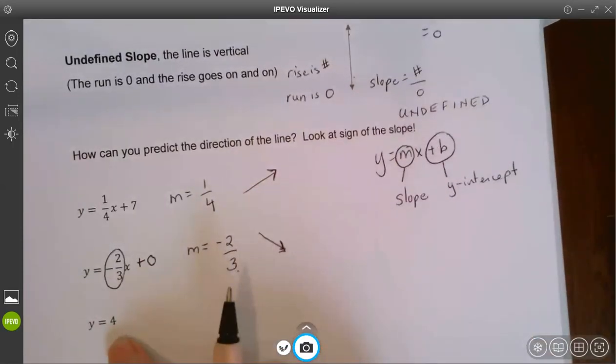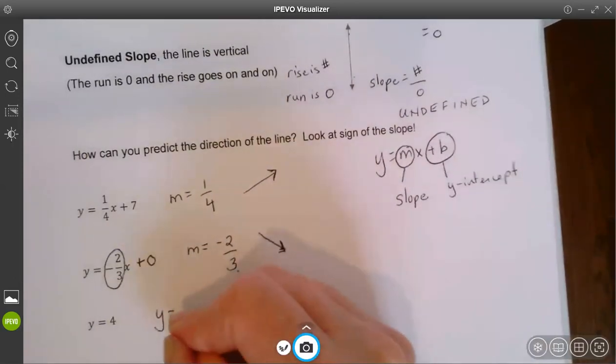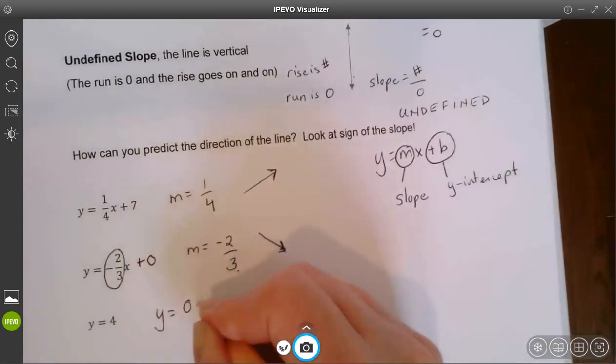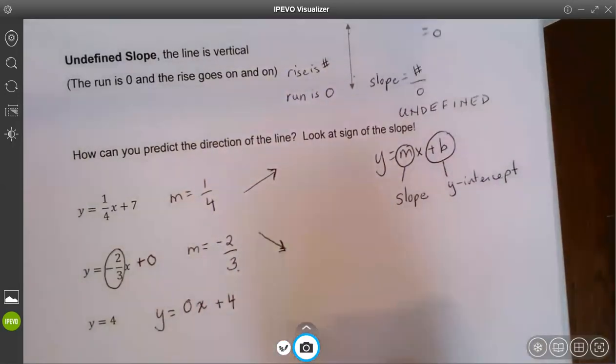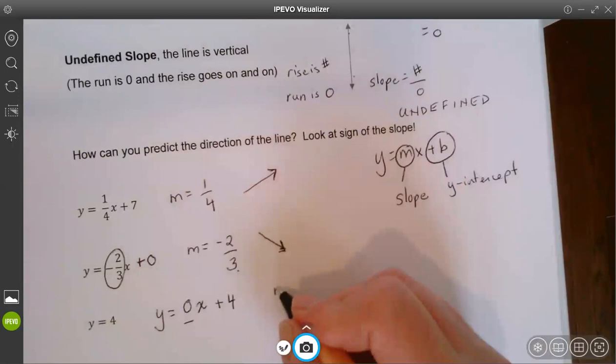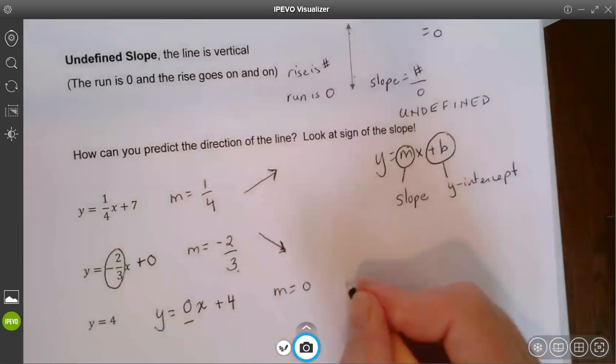And in the last one here, y equals 4, that is the same thing as saying y equals 0 times x plus 4. So that means our slope is equal to 0, so we must have a horizontal line.